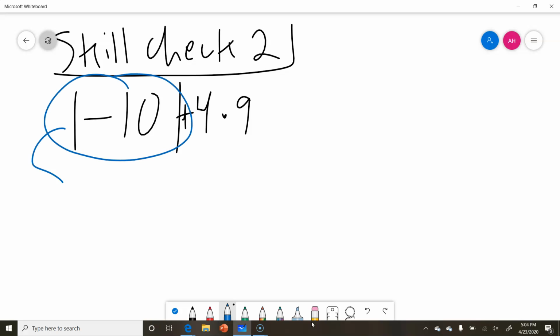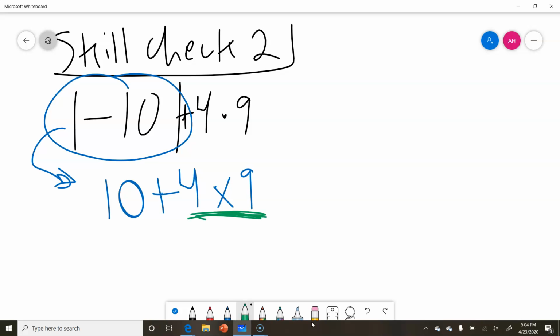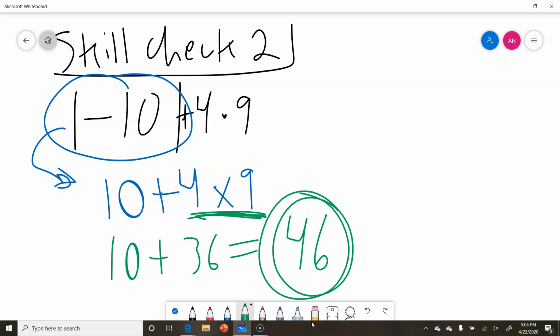So you take the absolute value of -10, and that turns it into +10. Then we have plus 4 times 9. Now again, order of operations says that I do this one first. So I do 10 plus 36. 4 times 9 is 36. Add them together and get a grand total of 46. Okay? So you need to watch that again. Do absolute value first. Then you have to do order of operations.